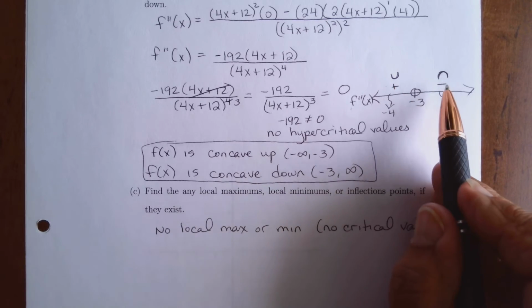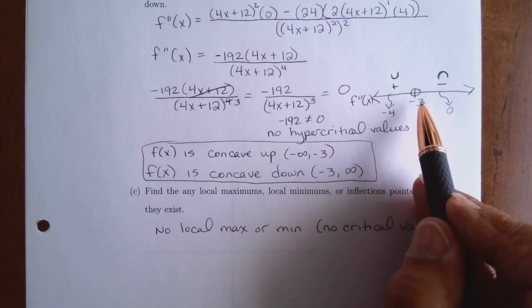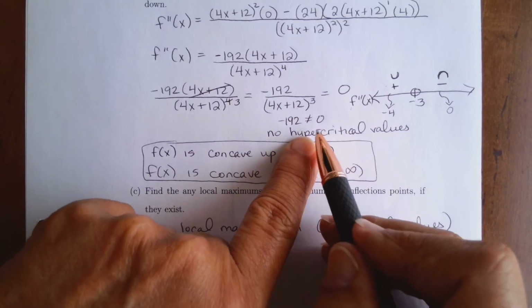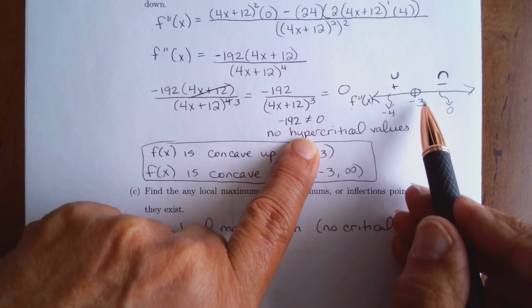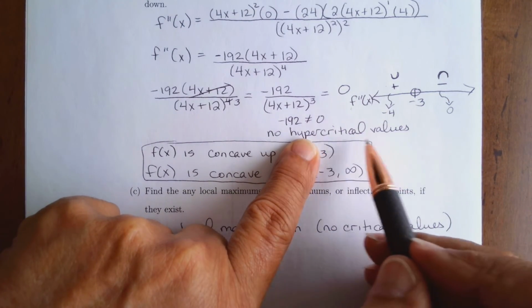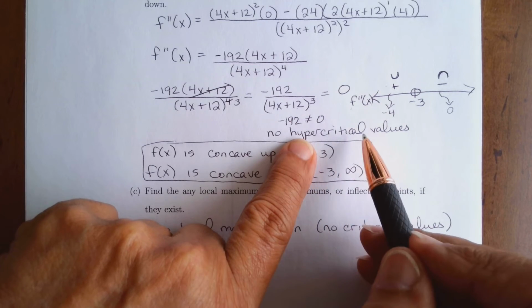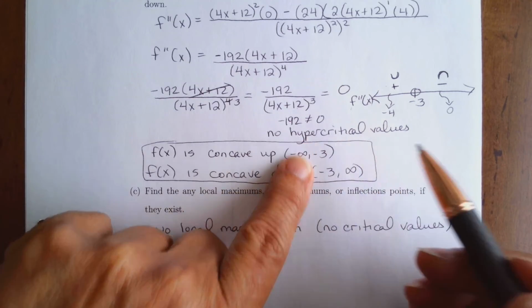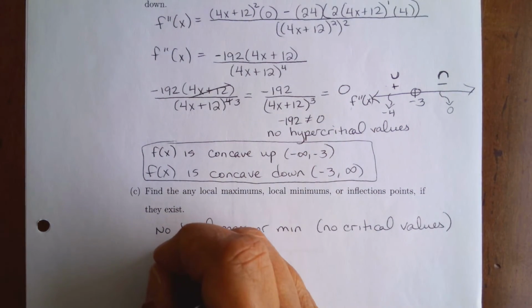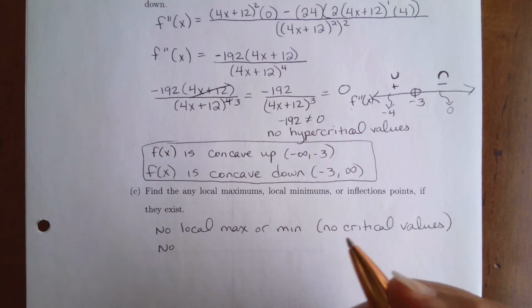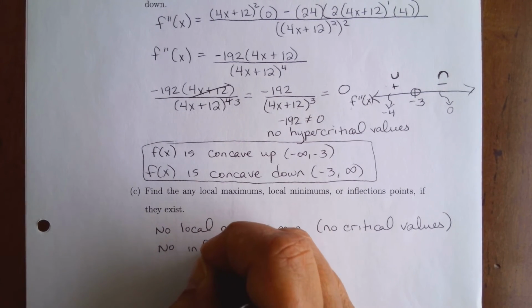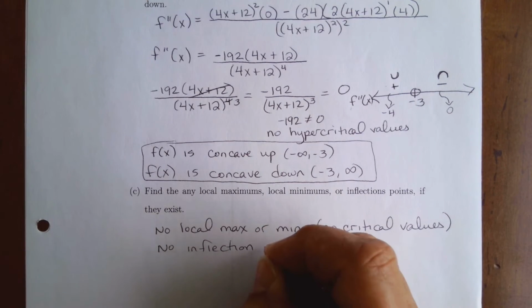Some of you might say, why? It changed signs. Yeah, but that was not a hypercritical value. It was the number we took out of the domain. Only hypercritical values could be possible inflection points. So we don't have any inflection points either. This is a boring graph.